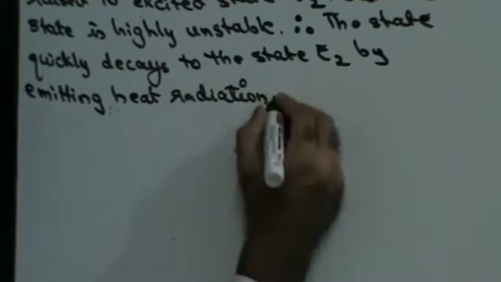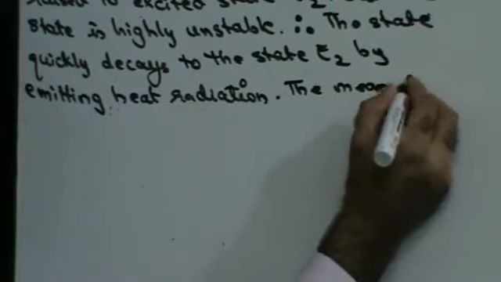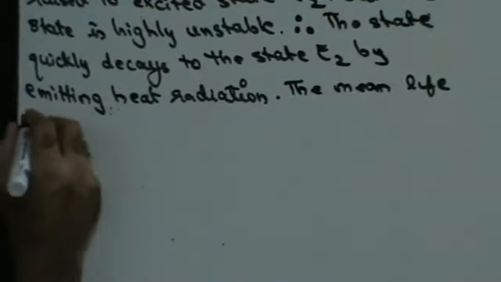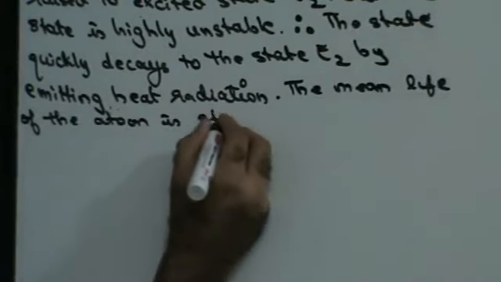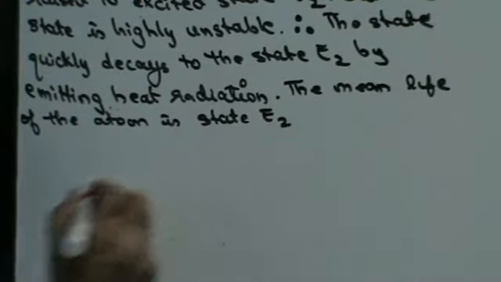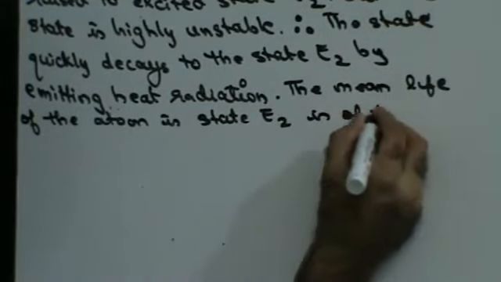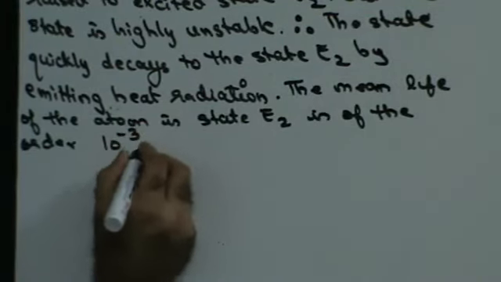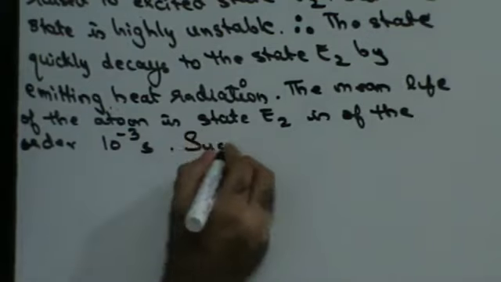I can say the mean life of the atom in state E2 is of the order of 10 to the power of minus 3 seconds. Now, such a state is called a metastable state.